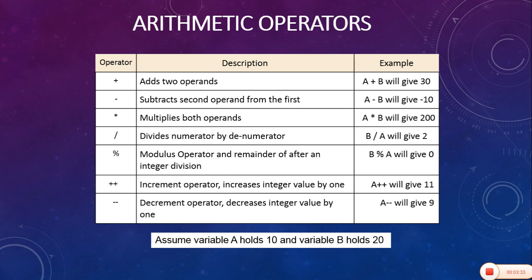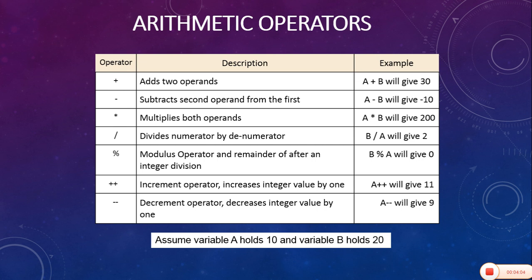The percentage sign is used for the remainder. If we are using B modulus A, it means that when B is divided by A, what will be the remainder? It will give you the remainder of that division.